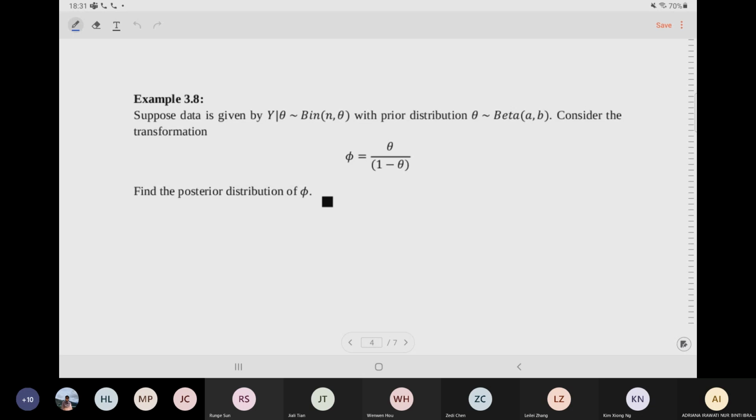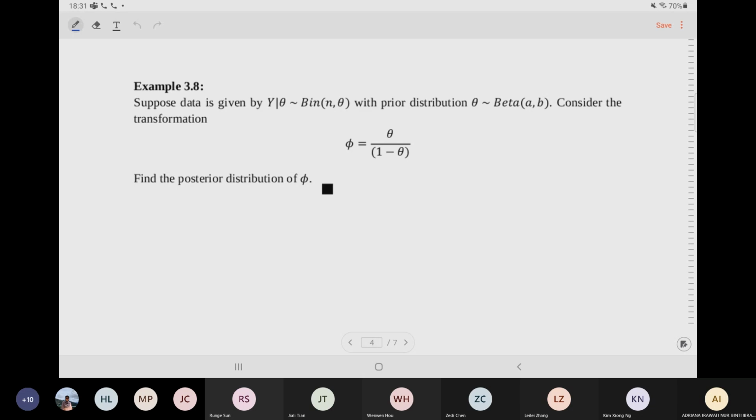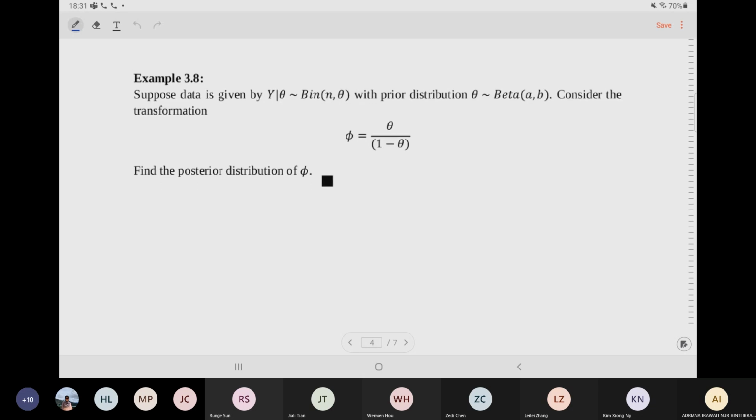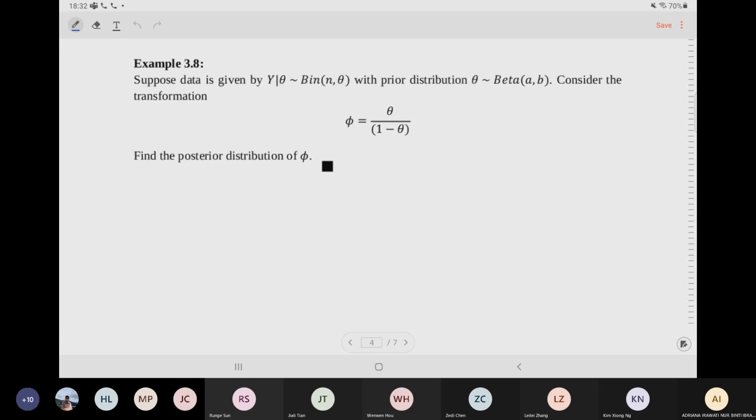This is similar to what we did in a previous example. I can't remember exactly, but I think it's in the earlier part of chapter 3.